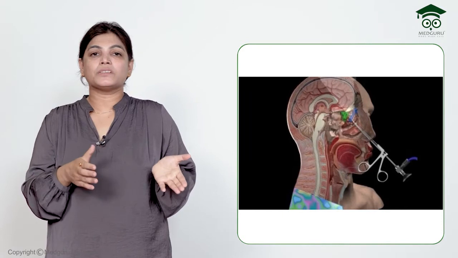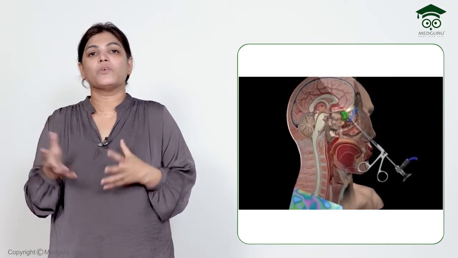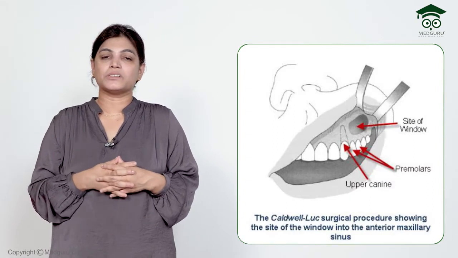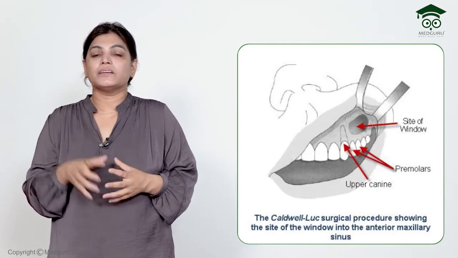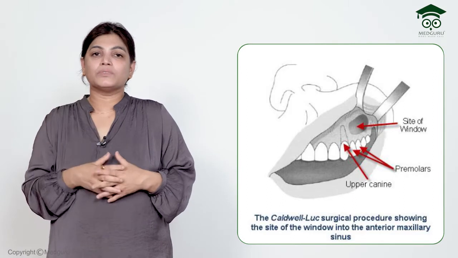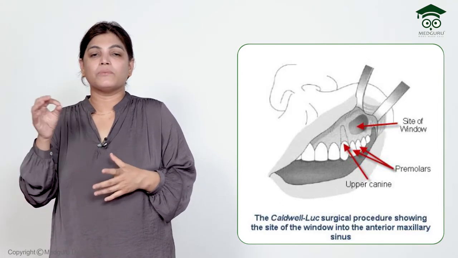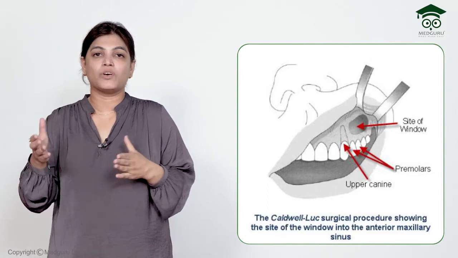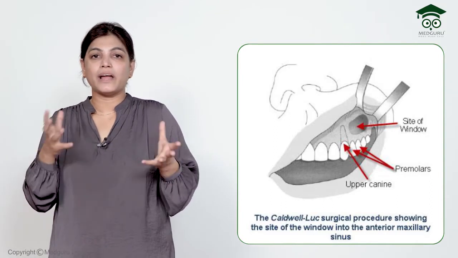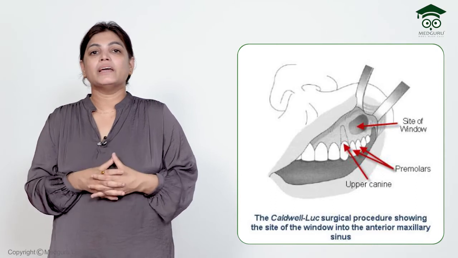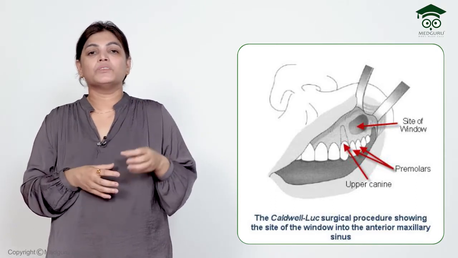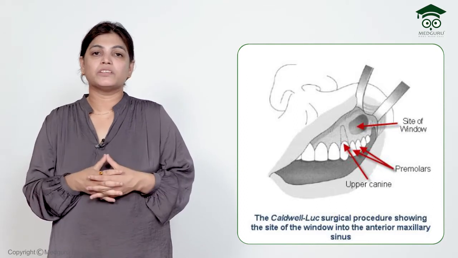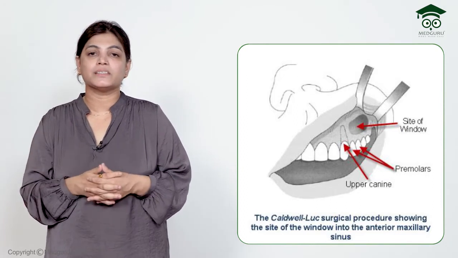If this operation is not successful, we can go for another operation, that is the Caldwell-Luc operation. In this, we give a cut in the upper aspect of the lip, called a gingivolabial cut, and through this the sinus pus can be drained. So we have the Caldwell-Luc operation, and we have antrostomy, in which we make a hole and put the trocar just below the inferior turbinate. So these are some of the treatments for draining the maxillary sinuses.